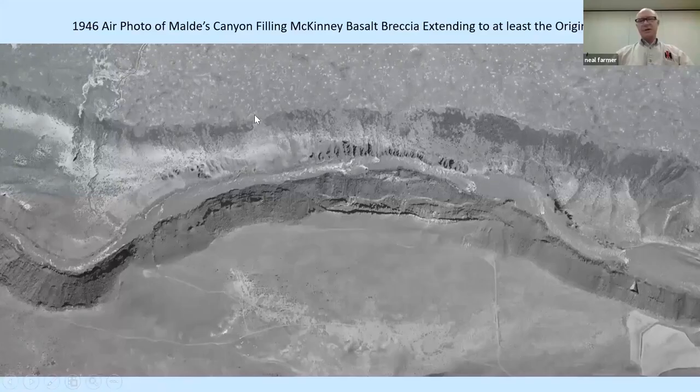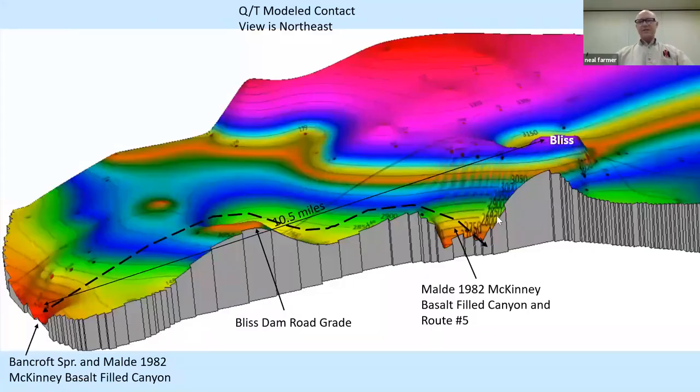And so this is probably a losing stretch where the river is contributing water to the groundwater system just west of Bliss. And this is the 3D model showing that low canyon area that we just saw right here.